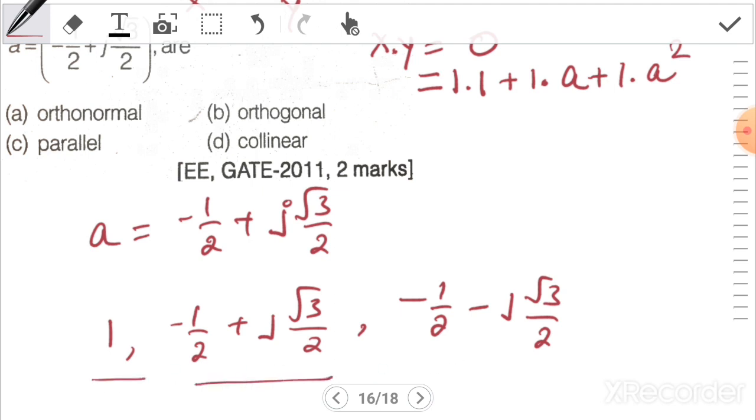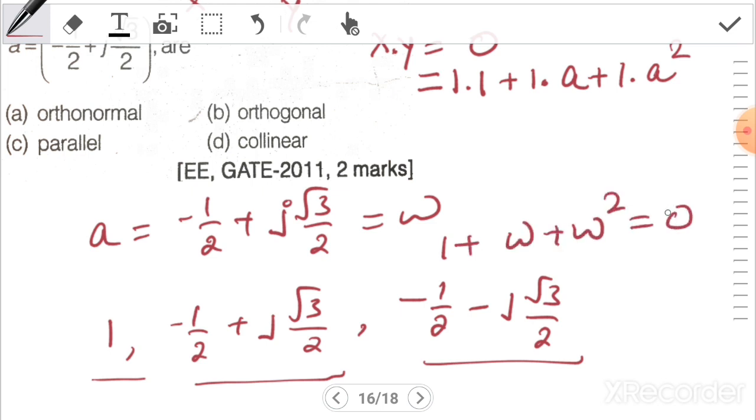So you can take this as omega, and if this is cube root of unity, then 1 plus omega plus omega square is equal to 0.